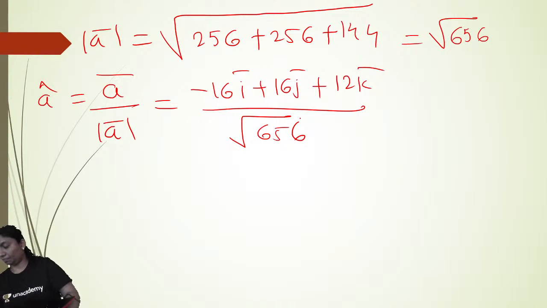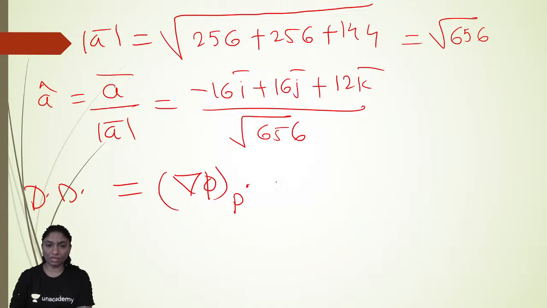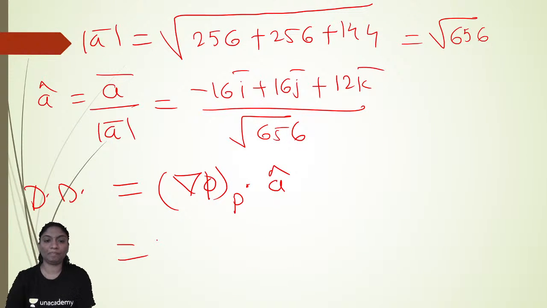Now we will calculate the directional derivative. The directional derivative is equal to del phi at point P dot a cap. Del phi at point P we already calculated, that is 12 i bar plus 12 j bar plus 12 k bar.